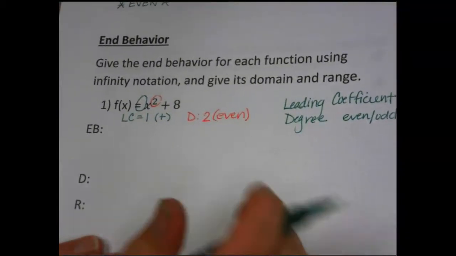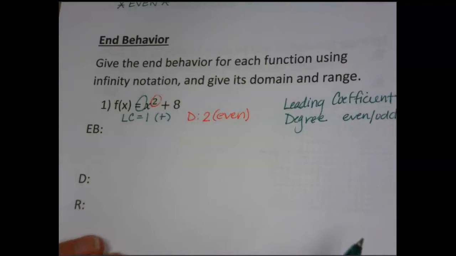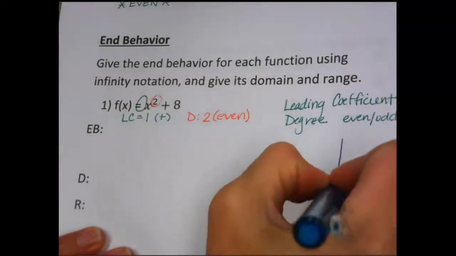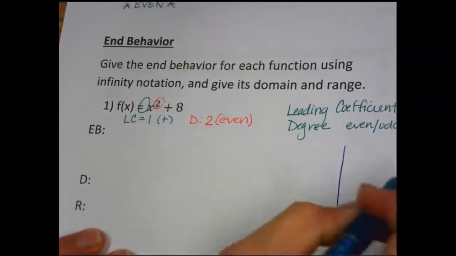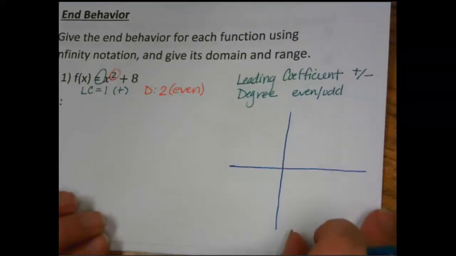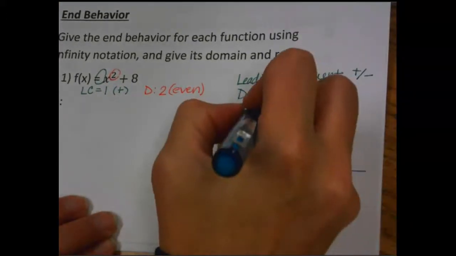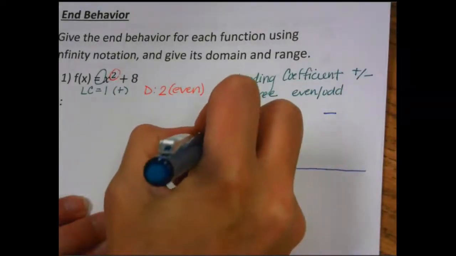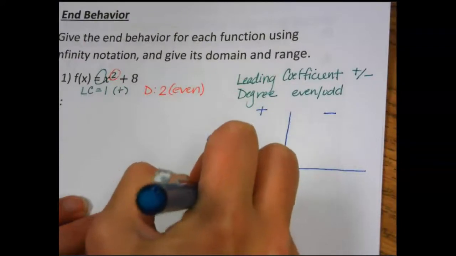All right, so when we have a positive even, that tells us that we have a graph. I'm going to make a little chart for you here because there's 4 different options we could come up with. So we have a leading coefficient that could either be positive or negative, and then we have a degree that could be even or odd.